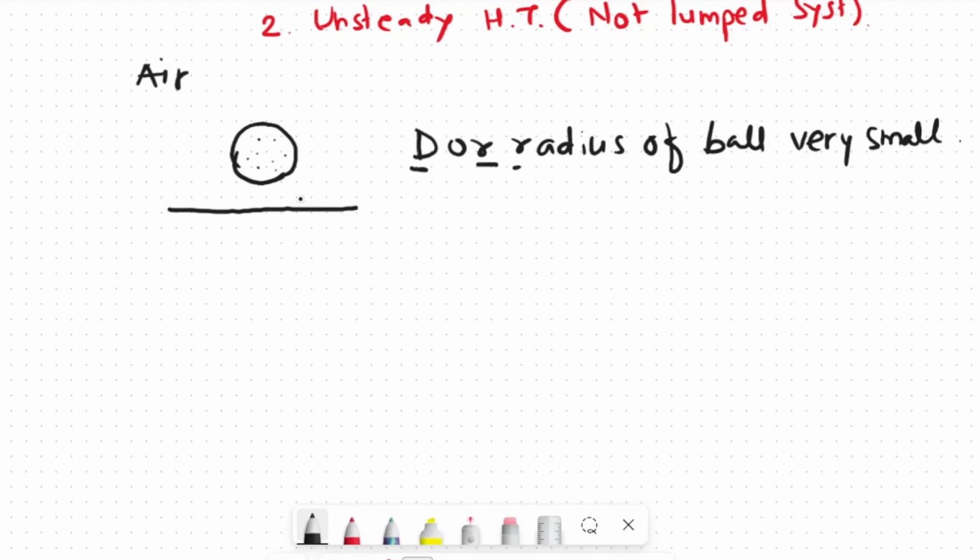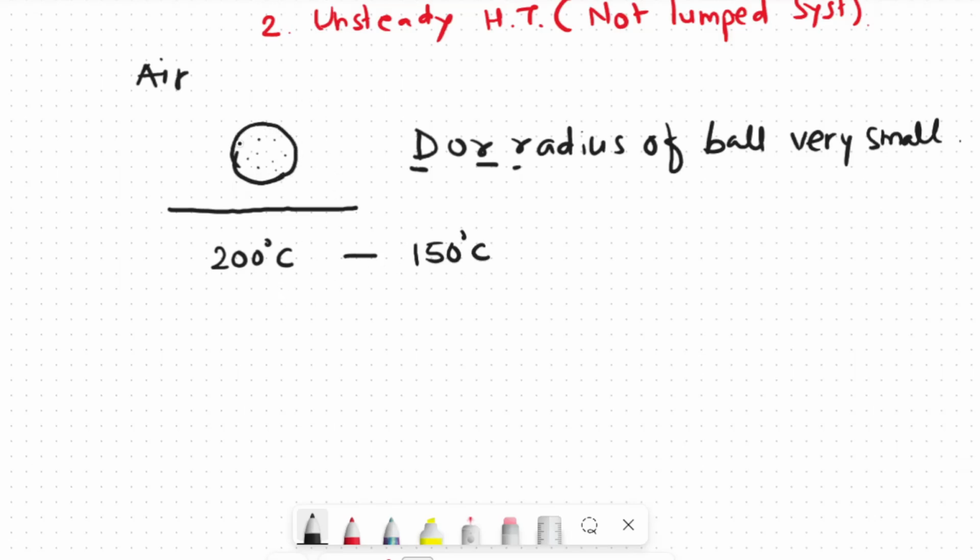But if we measure the temperature at various points inside the ball, we find that the temperature is not changing inside the ball. So suppose after removing it from the furnace the temperature was 200 degrees Celsius, then we will find that the temperature inside the ball drops to 150 degrees Celsius.